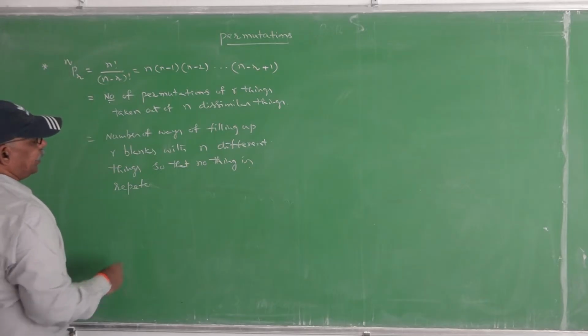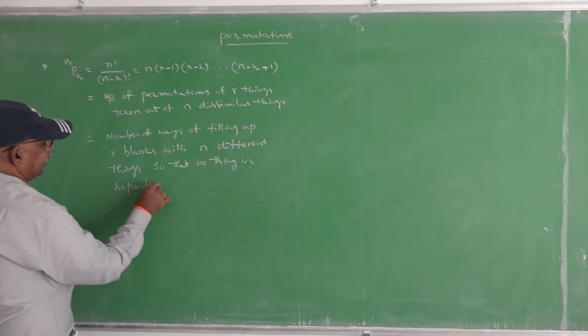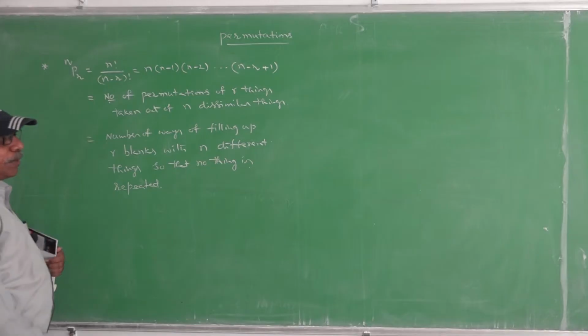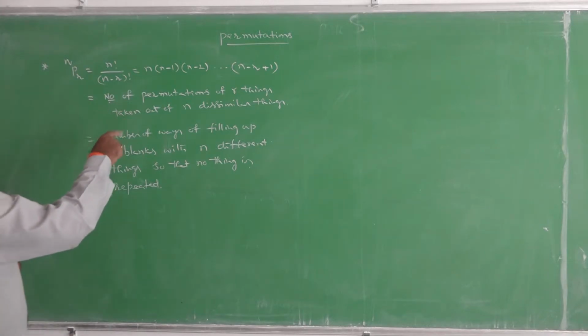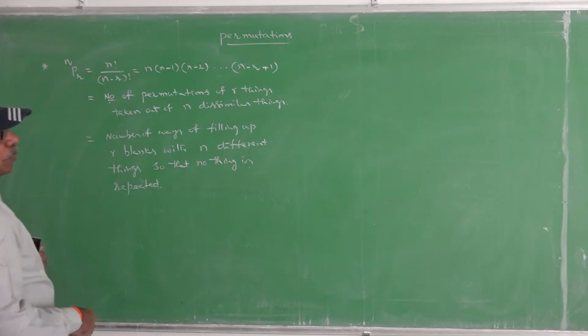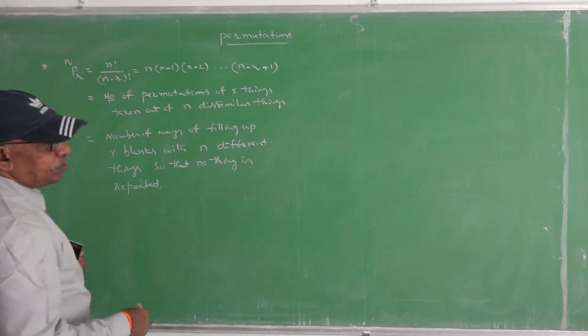So the notation nPr stands for the number of permutations of r things taken out of n dissimilar things, so that no repetition is allowed.